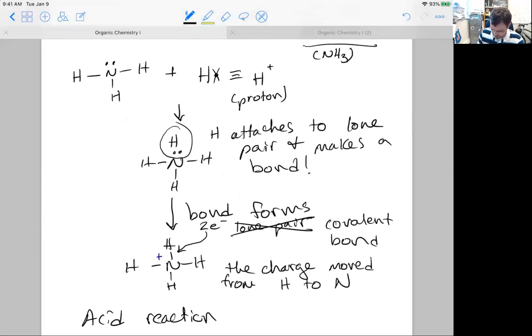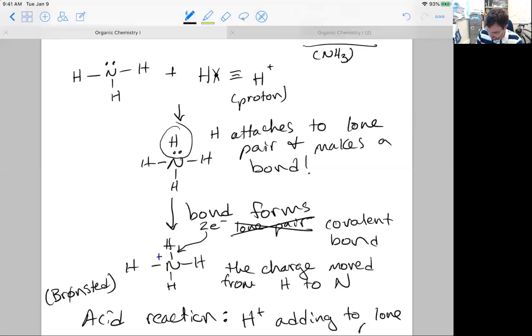And really, it's a version, if you've seen this before, I'm just covering my bases, it's a Bronsted acid reaction. Anyway, for us, for now, an acid reaction is H+ adding to a lone pair. So the H plus adds to the lone pair.